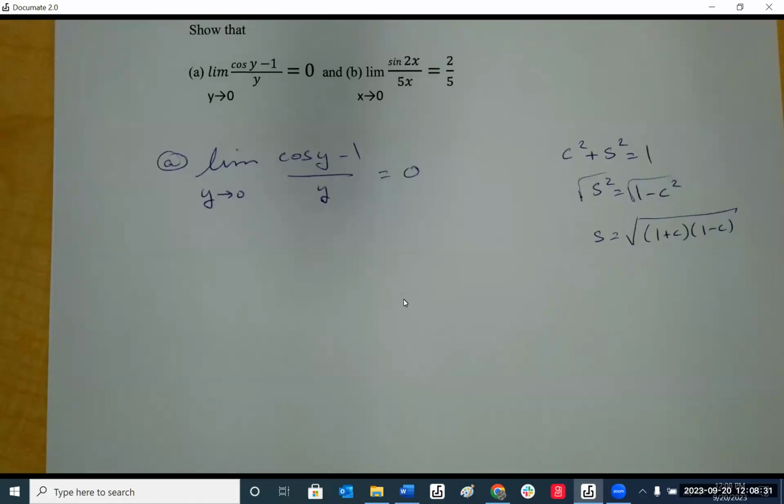Try the half angles. Because we want to keep away from here.